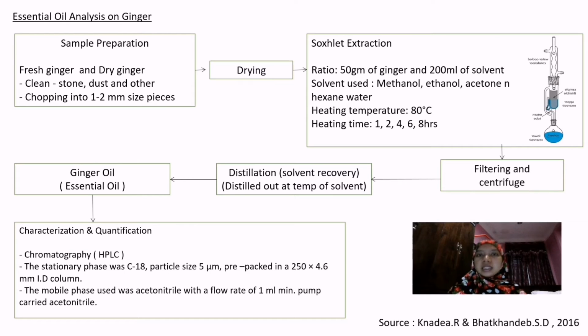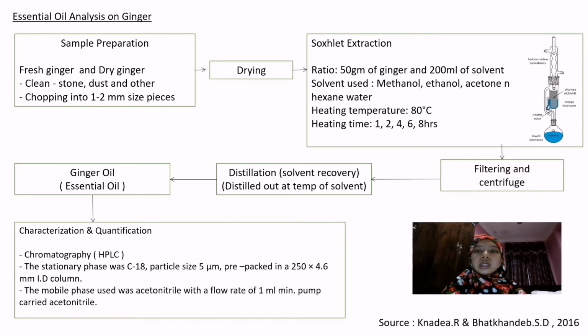Essential oil analysis on ginger. First is sample preparation, which can use fresh and dry ginger and needs to be cleaned first. The ginger needs to be chopped into 1 to 2 mm size pieces. The extraction used is Soxhlet extraction to analyze essential oil.